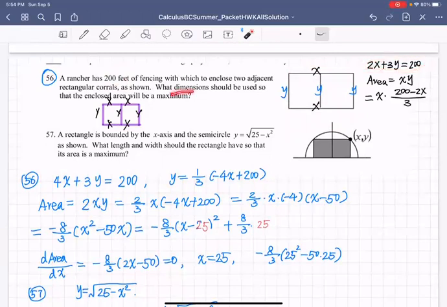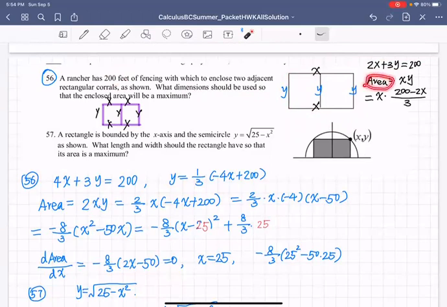The optimization question is asking what dimensions should be used to enclose the area to reach a maximum. The area is a rectangle, correct, Michelle? Yeah.